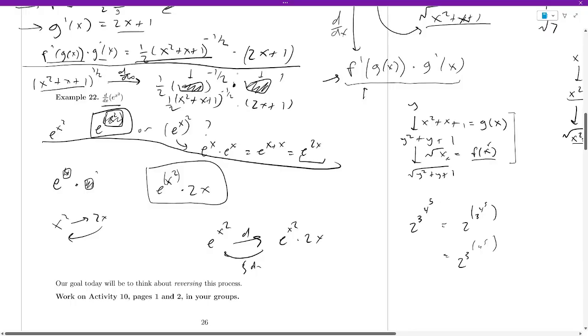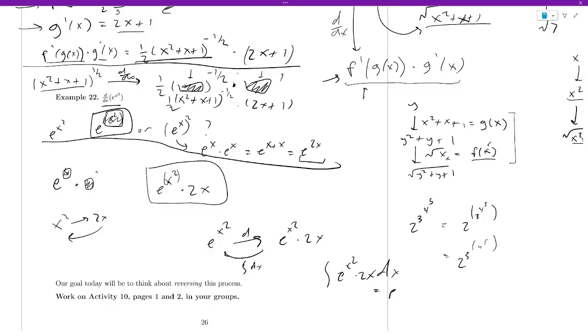If I see out in the wild the integral of e to the x squared times 2x, then I already know this is just equal to e to the x squared, because I found an antiderivative. And if I was trying to evaluate this, like plugging in 0 and 1, I would just plug 0 and 1 into e to the x squared. I'd have e to the 1 squared minus e to the 0 squared.